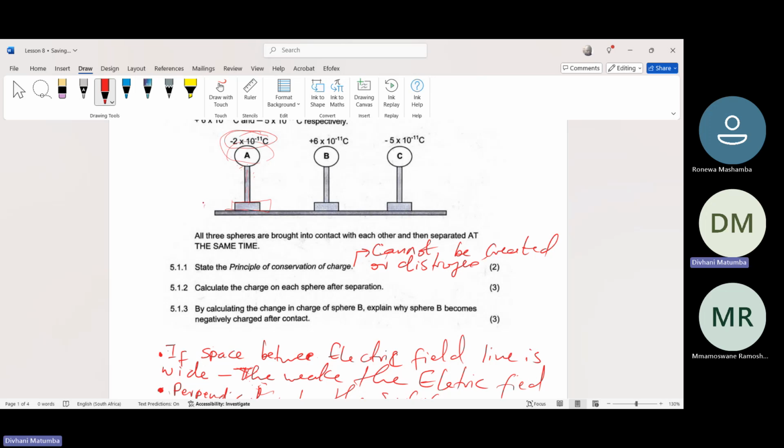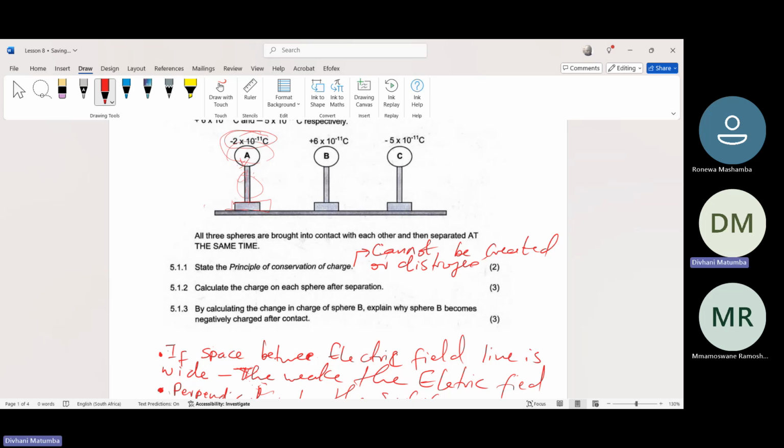That's why when there are storms and rainfall, there is what we call lightning. Lightning is caused by the charge on the clouds and the charge on the ground. So the insulated stands prevent the flow of electrons from the sphere to the ground.